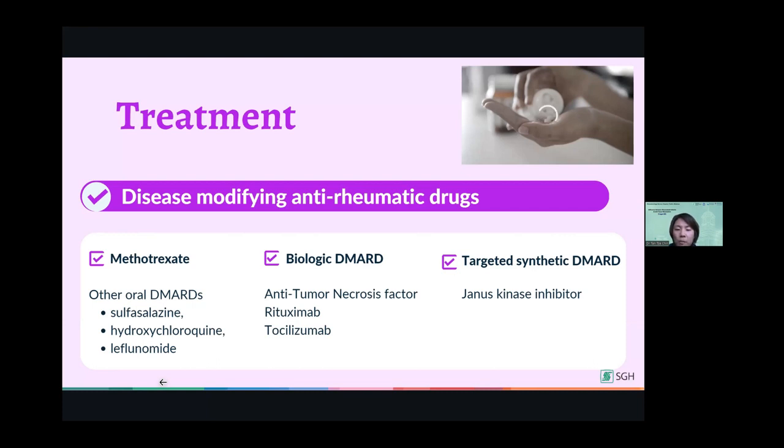Other forms of treatment can include biologic DMARDs, such as anti-tumor necrosis factor inhibitors, or rituximab, tocilizumab, which are infusion monoclonal antibodies. We also have targeted synthetic DMARDs with what we call Janus kinase inhibitors. All these drugs target specific factors in the immune system responsible for inflammation in rheumatoid arthritis.